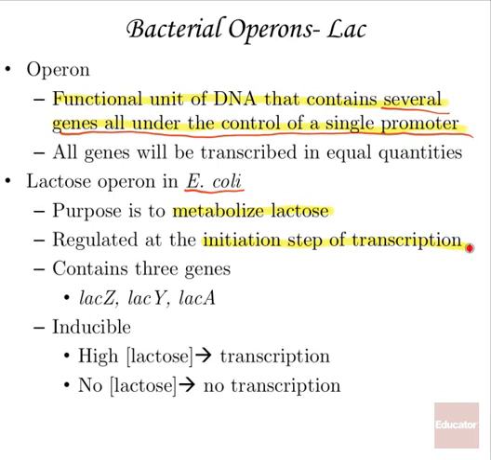There are 3 genes contained in this operon, LAC-Z, LAC-Y, and LAC-A. And it is what is called an inducible system. So meaning there's little or no transcription normally, and it can be induced to have high transcription. So when there is high lactose concentration, there will be high transcription. If there's no lactose concentration, there will be no transcription.